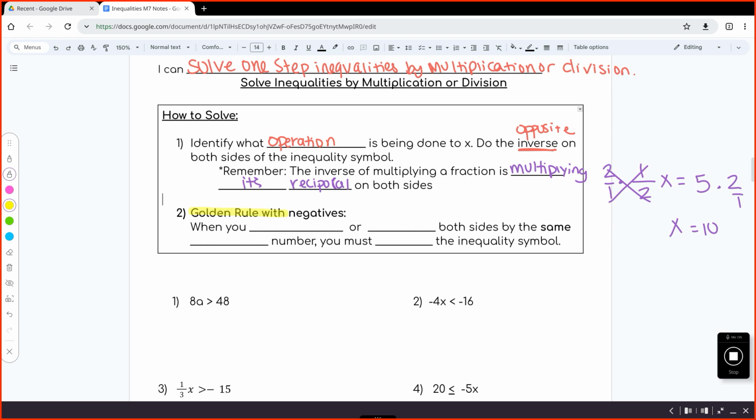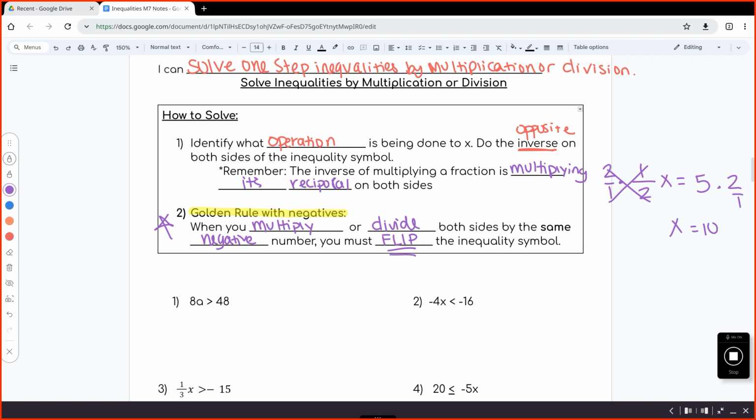Now we have the golden rule of inequalities: when you have negatives, you need to be very careful. When you multiply or divide both sides by the same negative number, you must flip the inequality symbol.